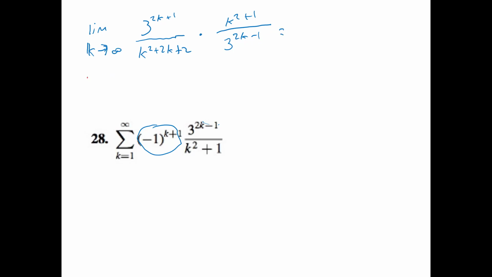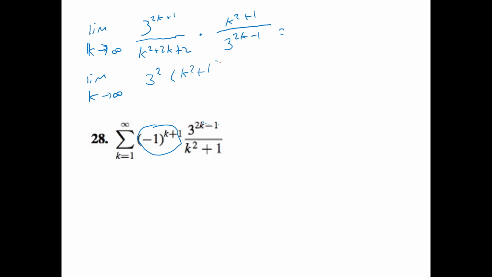So this will become the limit as k goes off to infinity of, when this exponent is bigger than this exponent, when you subtract them, 2k plus 1 minus 2k minus 1, the 2k will go away, and then the 1 minus the minus 1 will give you a 2. And then what's left is the k squared plus 1.